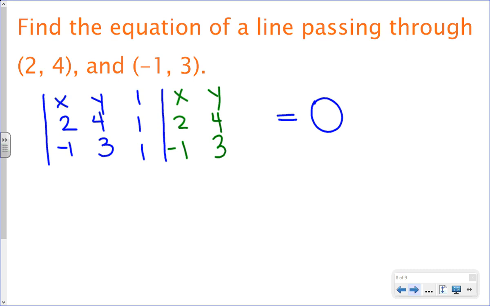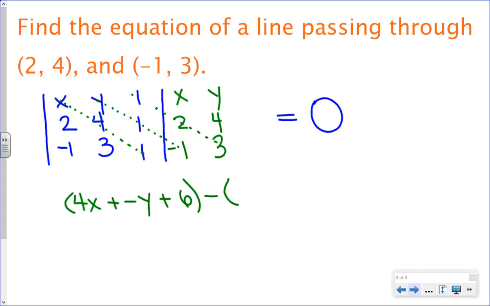So we have 4x plus negative y plus 6, minus our up diagonals, negative 4 plus 3x plus 2y.